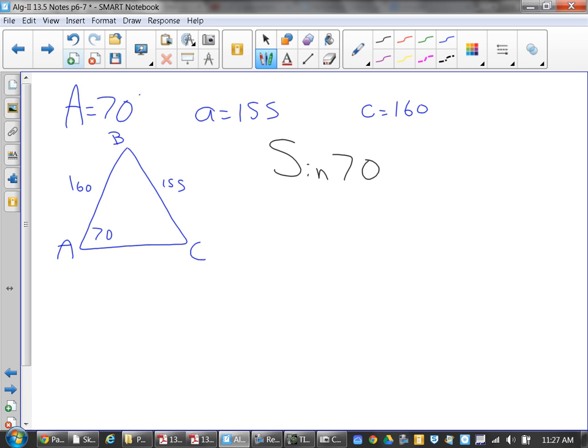Sine 70 is to 155, sine of C is to 160. Now, just like your homework from last night, the last law of sines problem you had matched up just like this. You had to multiply by the denominator and take the inverse sine. Remember that? So I'm just going to rewrite that quickly.